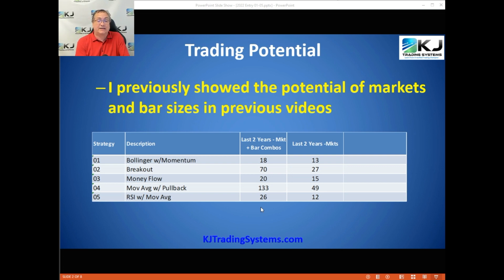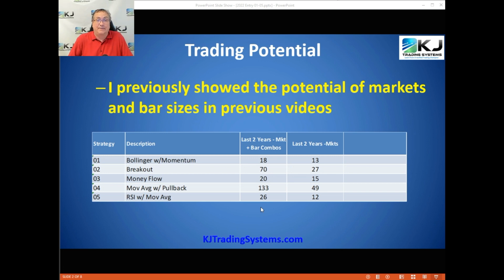Then the column next to it is the number of markets, just the number of markets. So as long as it worked with crude oil, that would count as one market. And you kind of get an idea of what works in a lot of different markets, what works in only some markets. So for example, strategy number 1, the Bollinger strategy with momentum, only worked on 13 different markets.